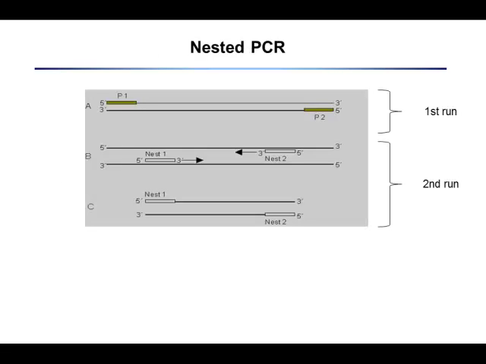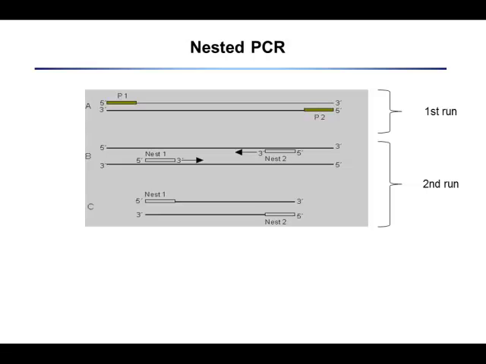this is the nested PCR, mostly used to increase the sensitivity of detection. However, nested PCR has problems. First of all, nested PCR has to work in two runs of PCR, which makes it not easy to operate.